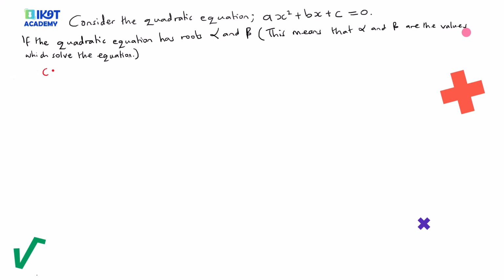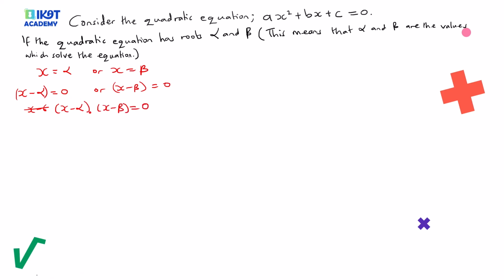So that means x is equals to alpha or x is equals to beta. So we now say x minus alpha would be 0 or x minus beta would be 0. Then we multiply x minus alpha into x minus beta is equals to 0.